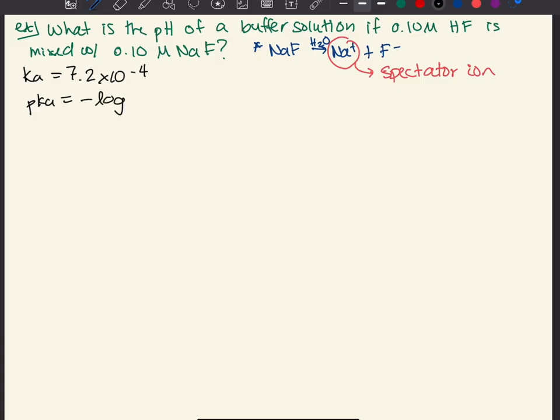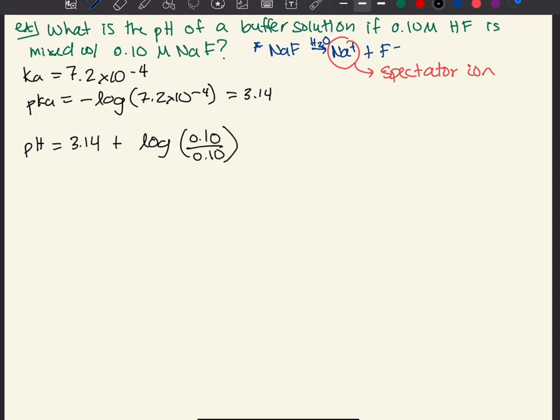So that is going to be equal to the negative log of 7.2 times 10 to the negative 4, which gives me 3.14. So now I can plug that into my Henderson-Hasselbalch equation. pH is equal to 3.14 plus the log of 0.1 over 0.1, and that gives me a pH equal to 3.14. Remember, the log of 1 is equal to 0.